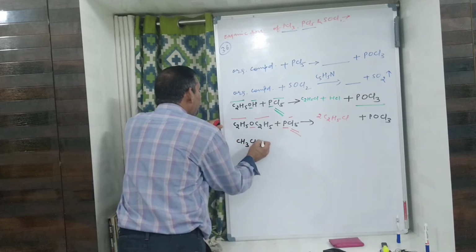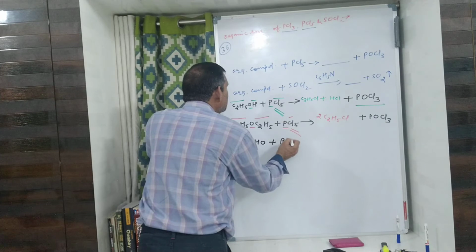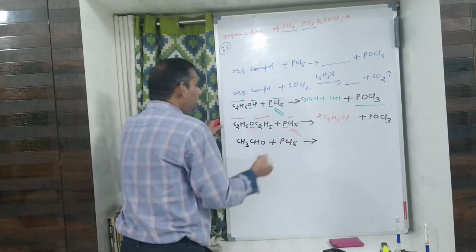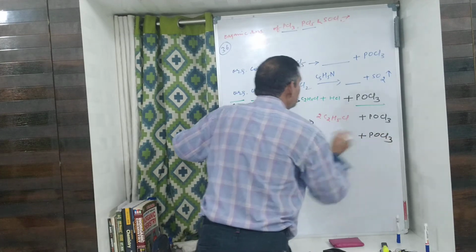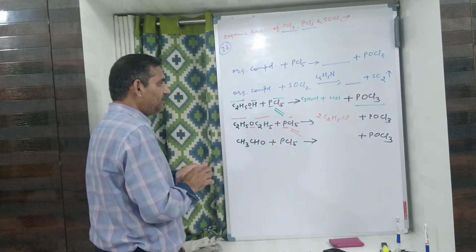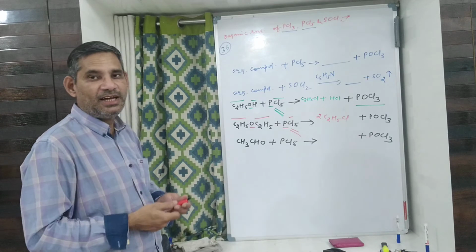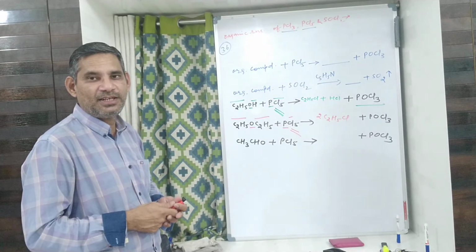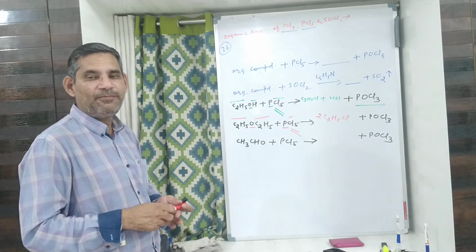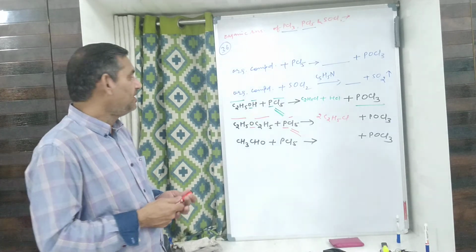CH3CHO plus PCl5. Again here, what will be your main product? POCl3. See, the same thing. See how calmly, how patiently I am doing this all. Always, otherwise organic is the most difficult portion, especially for JEE writing students.